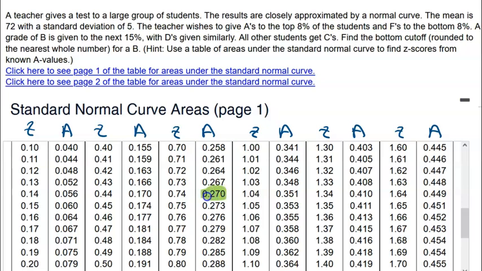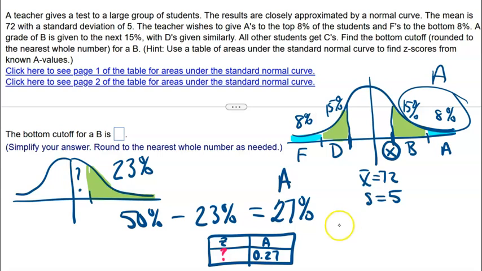Now don't go right, because remember the associated z value is to the left. So right there, I'm at z of 0.74. Okay, so I go back to my work, and now I know that z is 0.74.